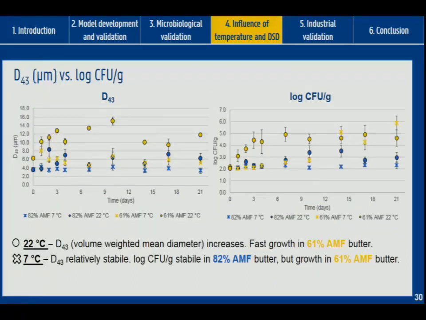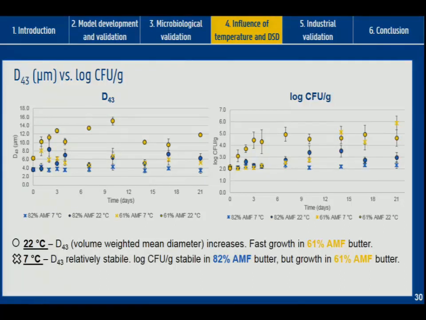So these are some of our results. The D43, again I repeat, volume weighted mean diameter, or mean diameter inside the emulsion. This is the left graph, so you can see here the progression during days, and here is the D43. And on the right is the growth of microorganisms, so the log of colony forming units, progression during days.